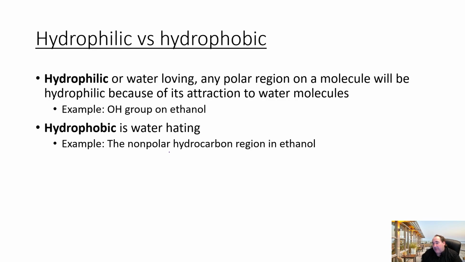A place where we actually see this, and again, I might have mentioned this during that intermolecular chapter, but if not, let me mention it now. Something that we use every day that has both of these types of regions is something like soap.